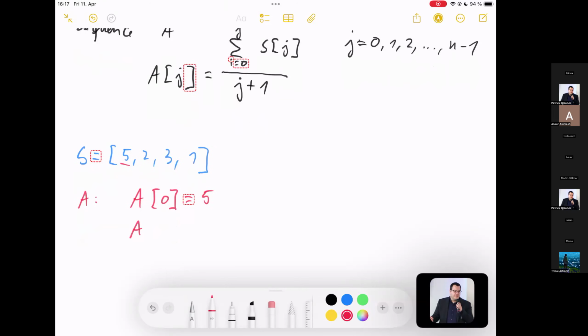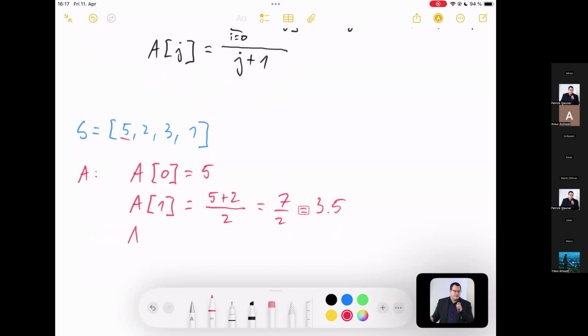What is A in index 1? Got already the right answer. It's 5 plus 2 divided by 2. So it's 7 divided by 2. It's 3.5. And next one, we can say A_2.